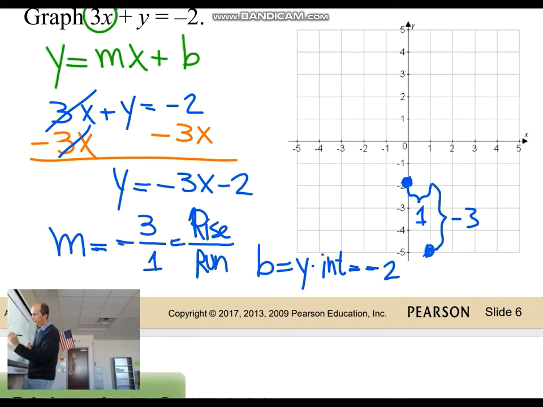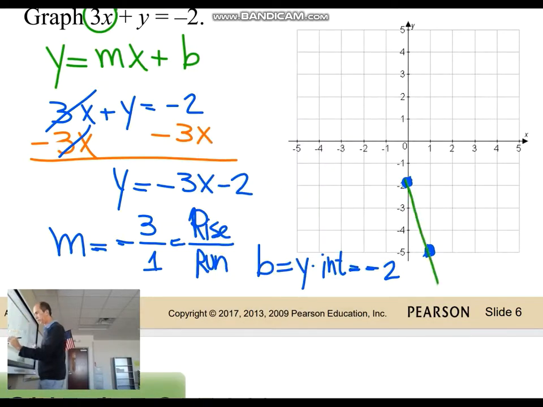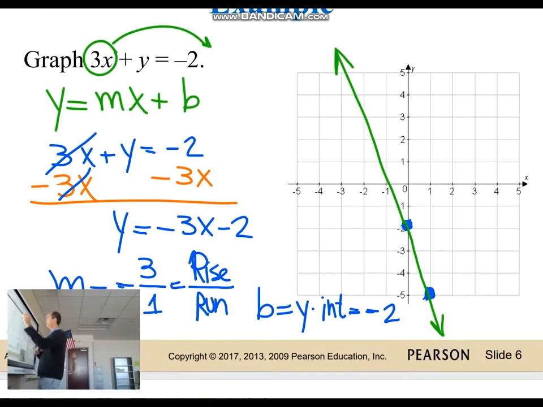And the other point is right here. And the line is going to be this one, connecting the dots. This represents the equation 3x plus y equals negative 2.